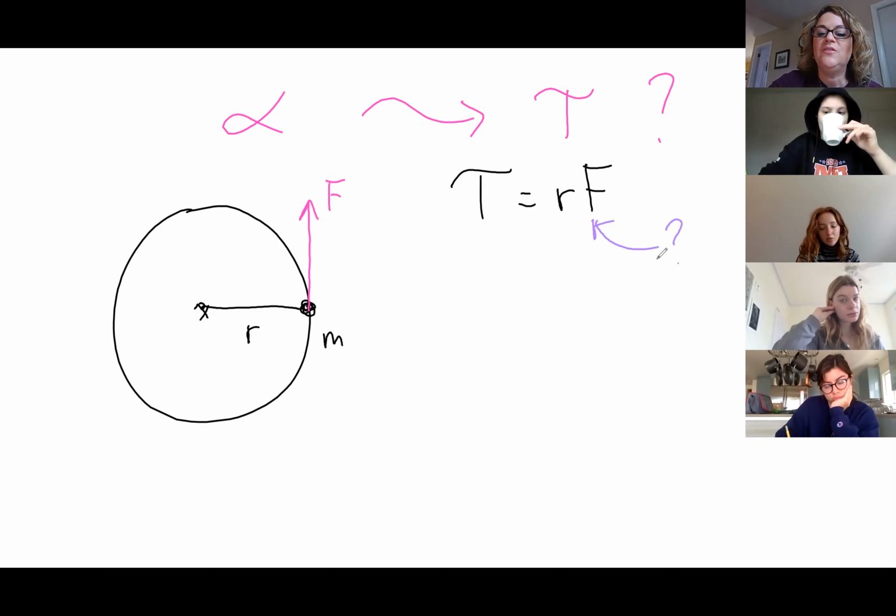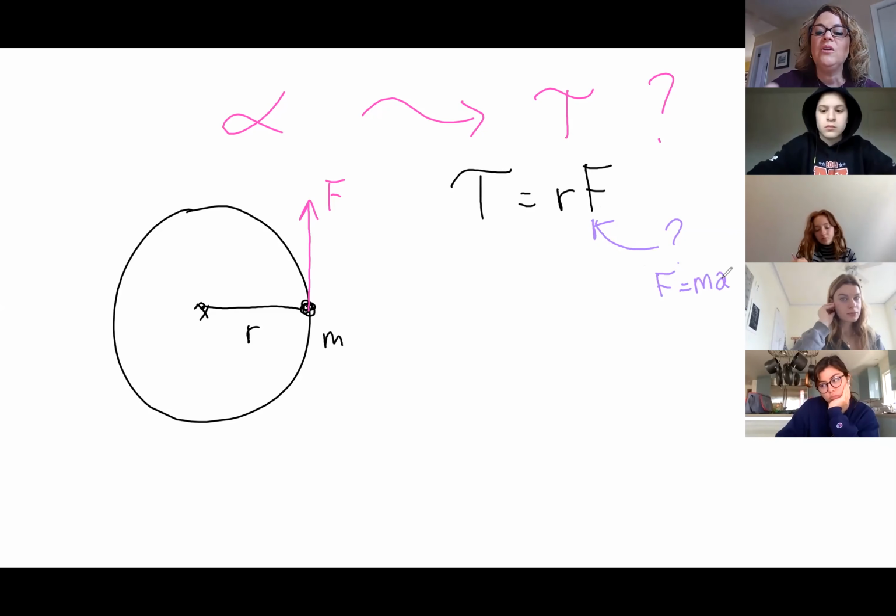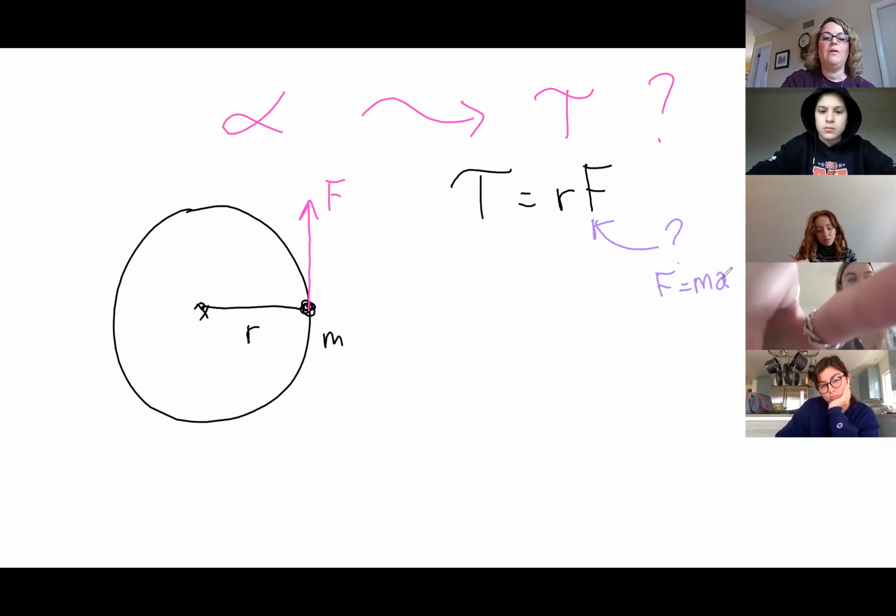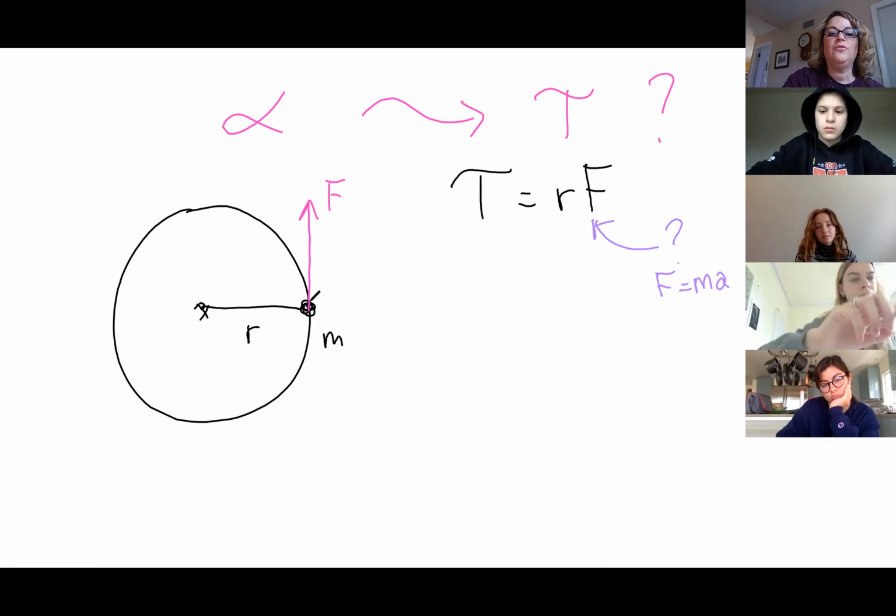Okay, so if we're thinking of force as mass times acceleration, what sort of acceleration are we thinking about here? If we're looking at this area where that mass is being pushed upon by a force, when we say acceleration, are we talking about centripetal acceleration?